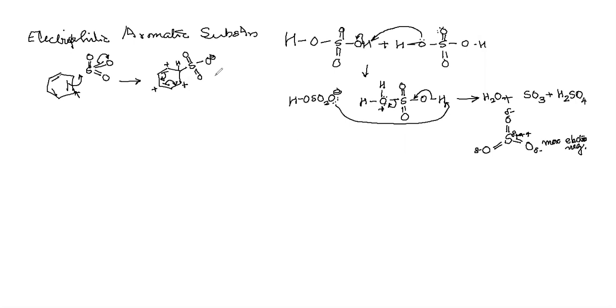Next step. See, this is the first step: generation of electrophile. And second, pi complex formation and sigma complex. Pi complex I have told you yesterday. Before this is formed, you have an SO3.